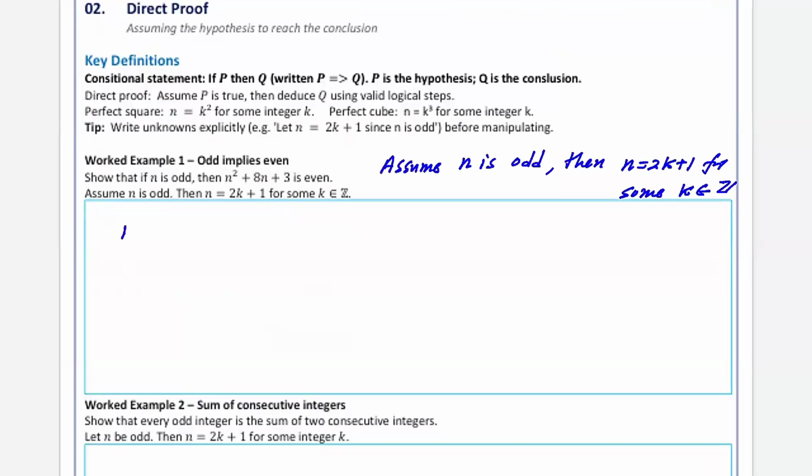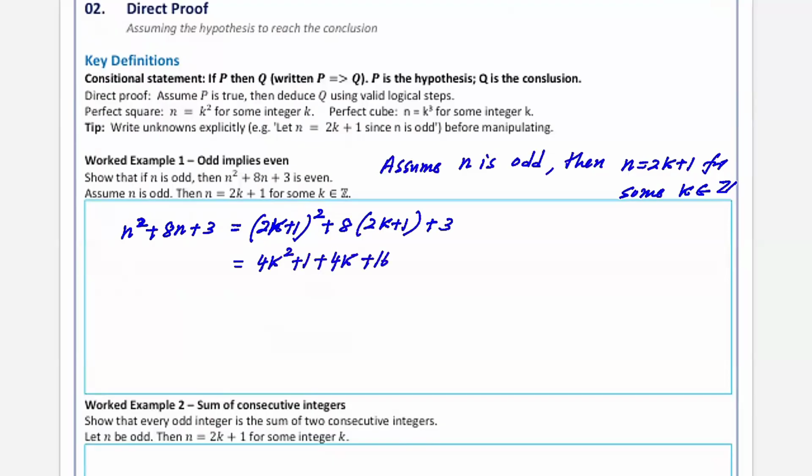So you write n to the power 2 plus 8n plus 3, right? So n is equal to 2k plus 1. So it's going to be (2k plus 1) squared, you substitute, plus 8 times (2k plus 1), plus 3, right? Then you have to simplify this. So it's going to be 4k squared plus 4k plus 1 plus 16k plus 8 plus 3.